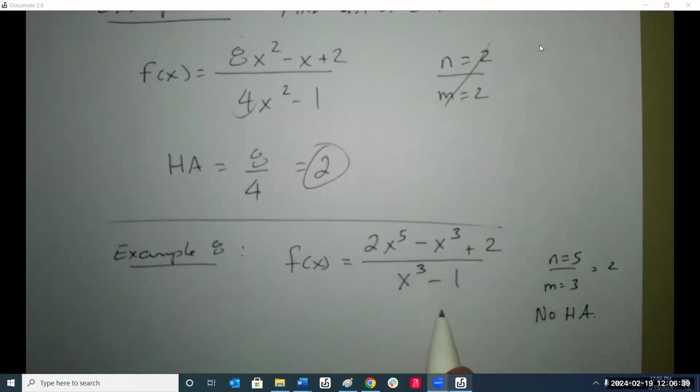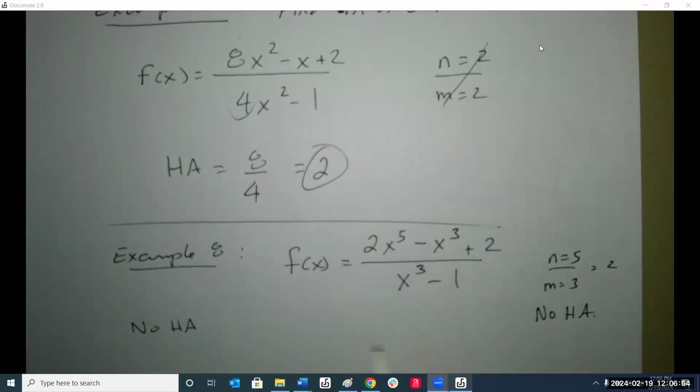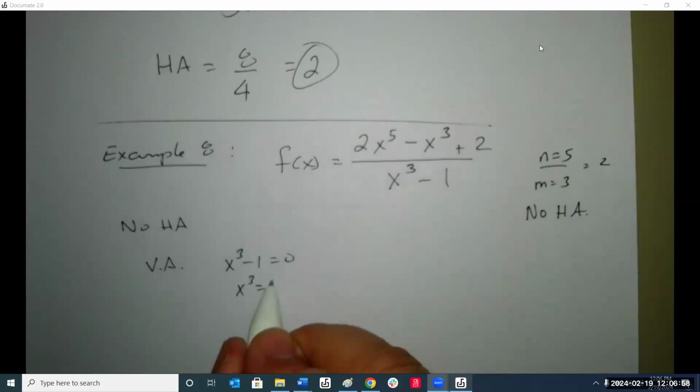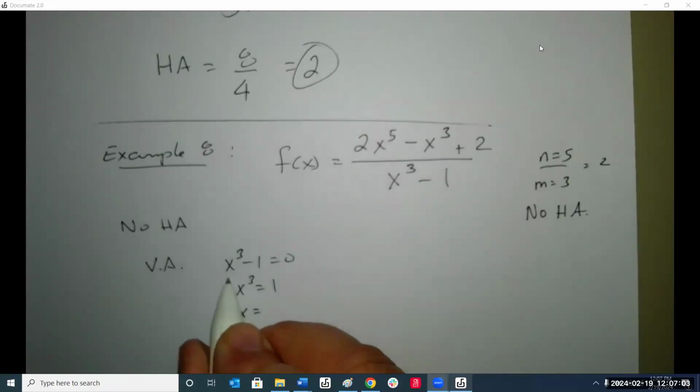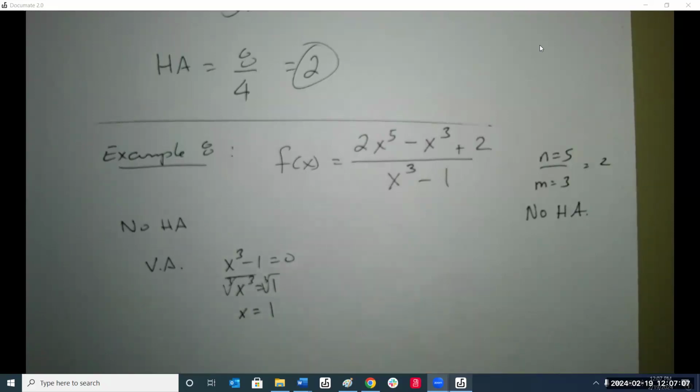Do we have a vertical asymptote? We set the bottom equal to 0. So for the vertical asymptote, x cubed minus 1 equals 0. x cubed equals 1, so x equals the cube root of 1, which is 1.